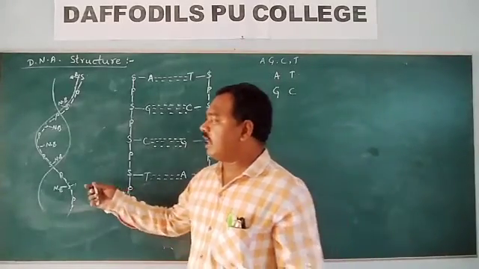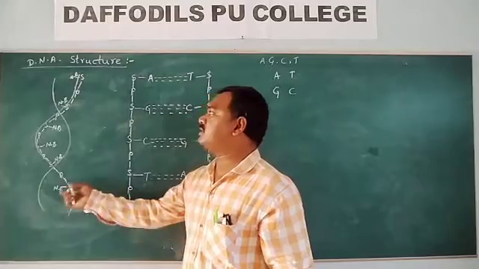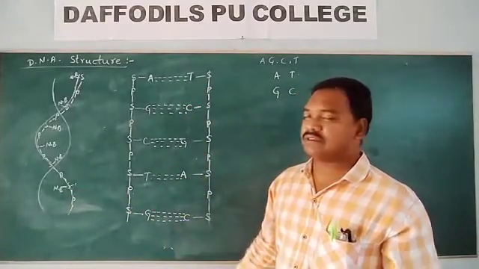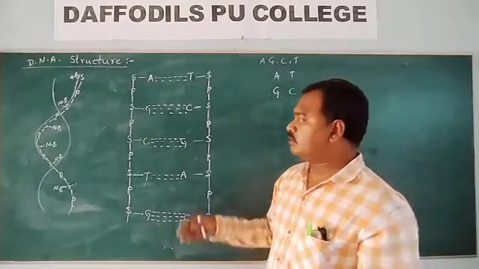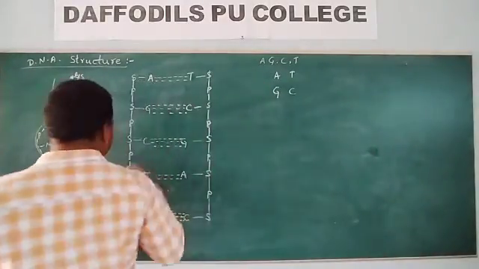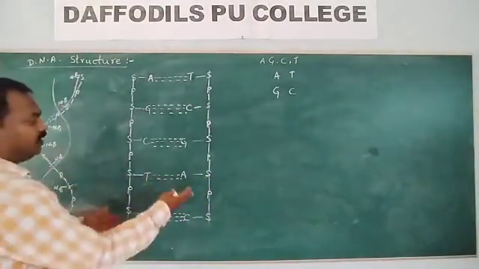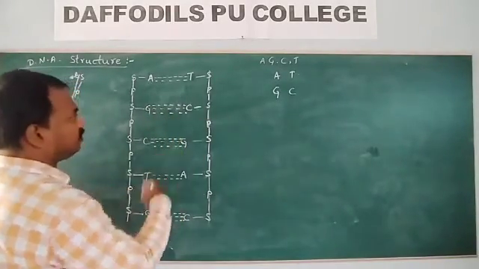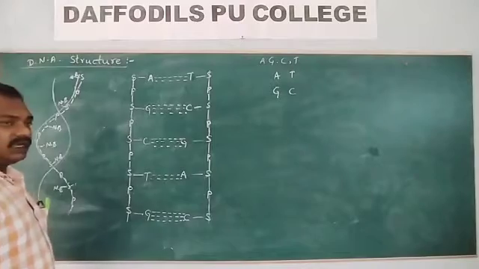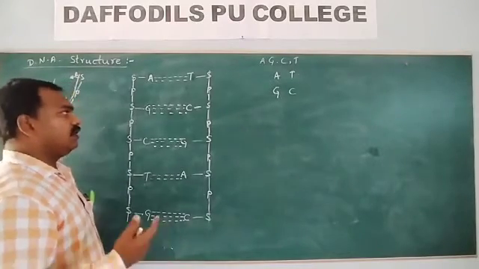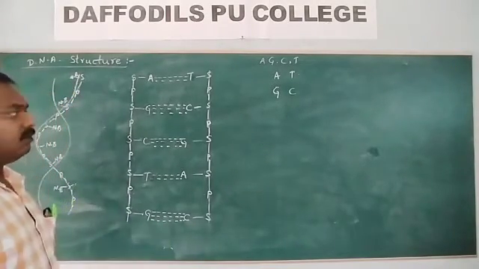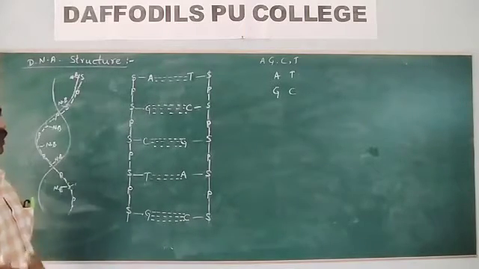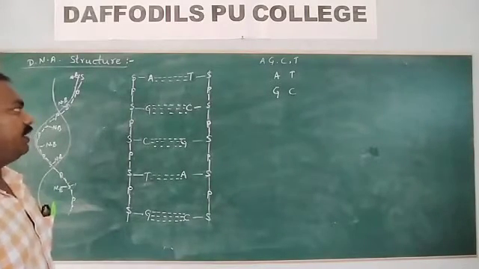When you untwist these helical structures, you will see the structure like this. Okay, so these two strands of DNA are connected by nitrogen bases through hydrogen bonds. So what are the complementary pairs? Adenine and thymine are a complementary pair. Guanine and cytosine are another complementary pair.